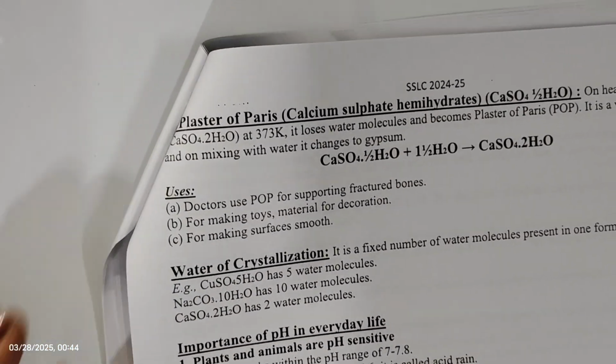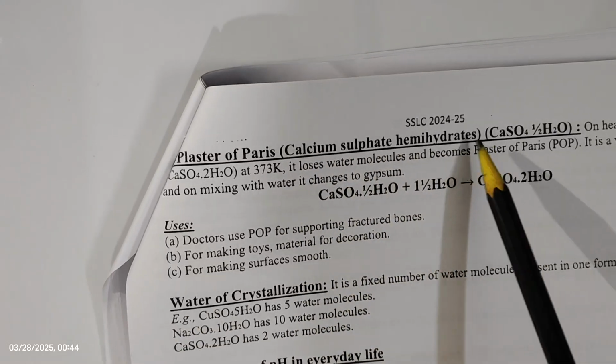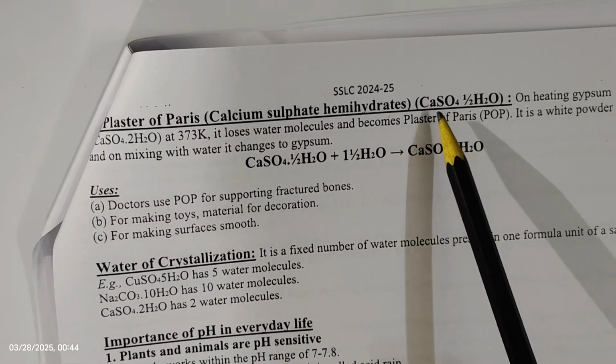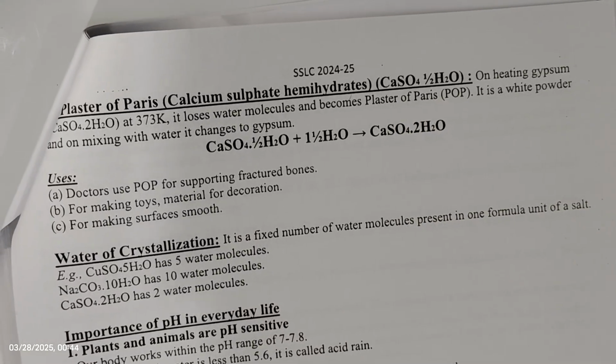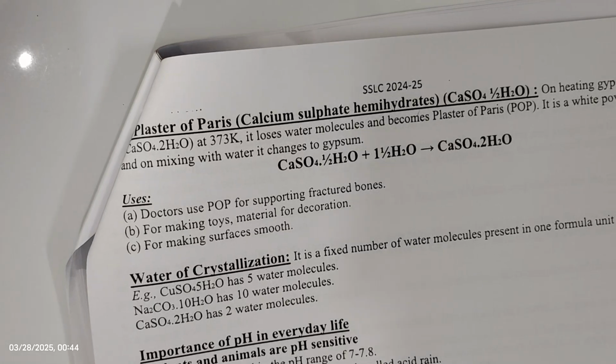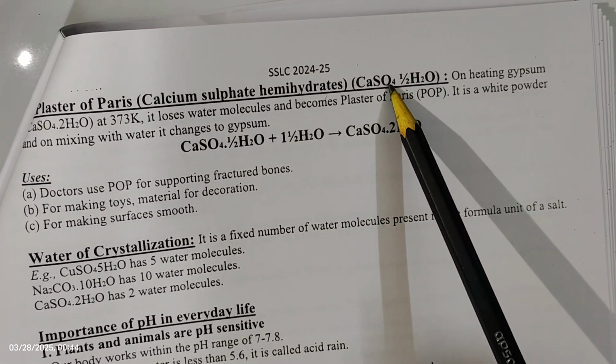We'll move to the next one, plaster of Paris. Plaster of Paris is also called calcium sulfate hemihydrate. Formula is CaSO4·1/2H2O, POP we say.